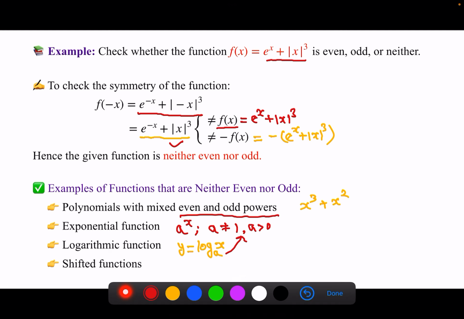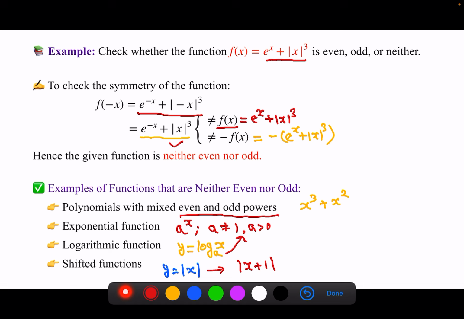Shifted functions. Suppose we have a function y equal to mod x. The mod x function is an even function, but if the graph of this function is shifted, meaning if we want to check for mod x plus 1, the graph of this function is shifted horizontally to the left.